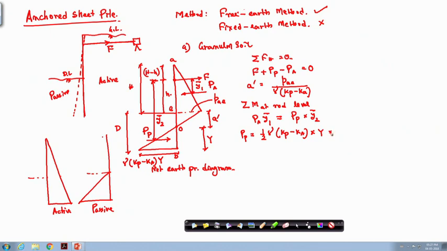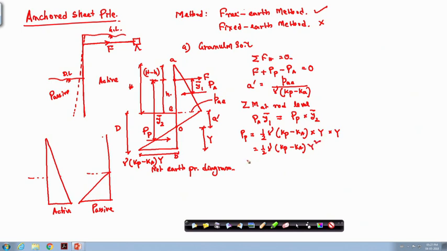Your Kp into another y, because the base is gamma Kp minus Ka into y, then into another y, this will be the Pp. So, Pp value is half into gamma into Kp minus Ka into capital Y square.